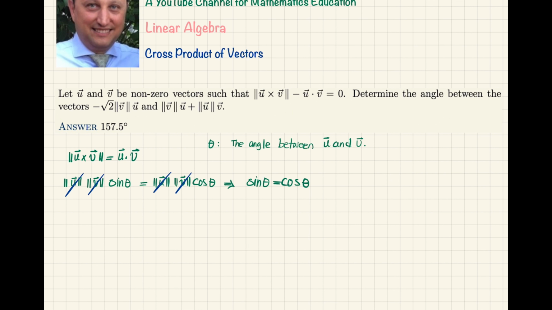And on the other hand, we know that the angle between two vectors is somewhere between 0 degrees up to 180 degrees by definition inclusive. So from here, I realize that there is only one angle whose sine is equal to its cosine, and it lies between 0 and 180, and that is the famous angle 45 degrees. So we realize the angle between these two vectors is 45 degrees.